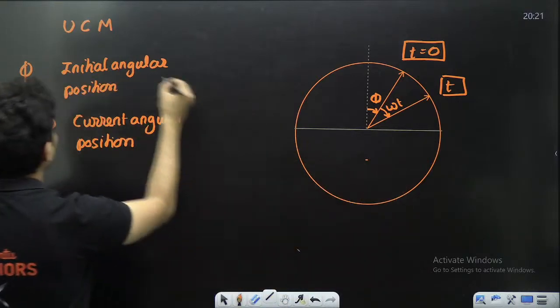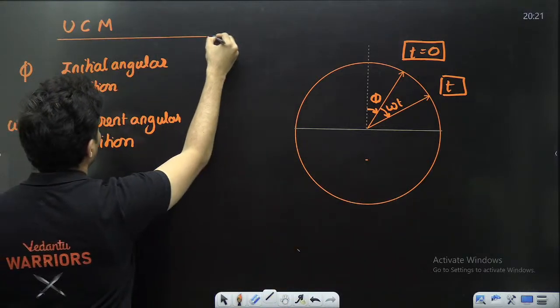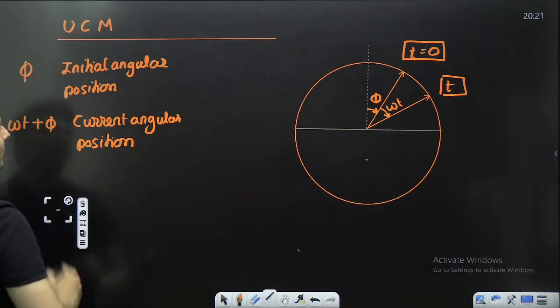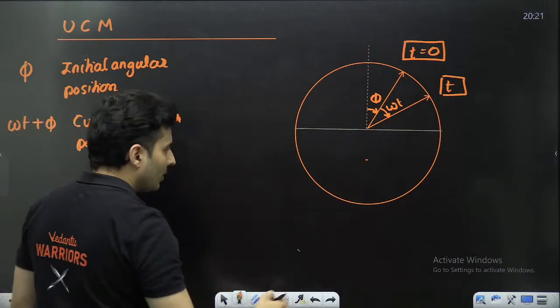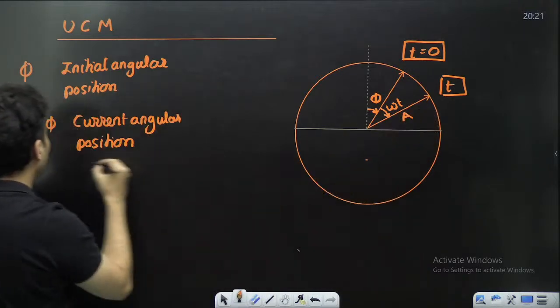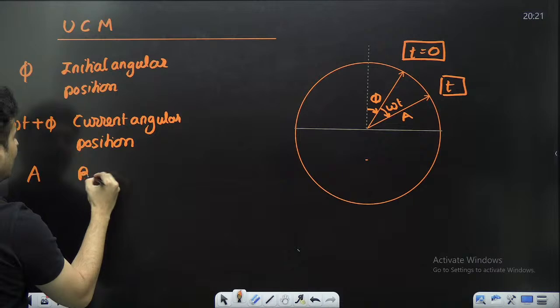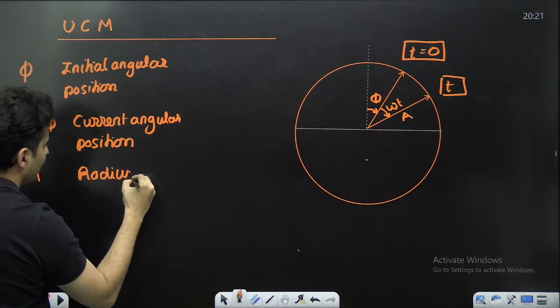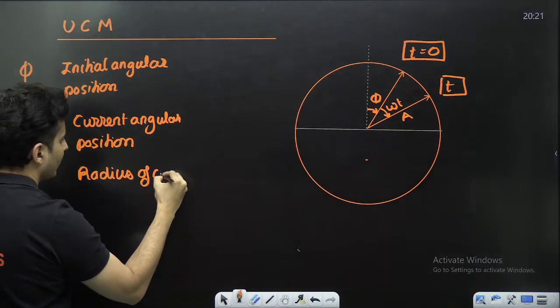Is that right? This is in uniform circular motion. This is what you are going to tell. Now, this A which is there, is the radius of the circle.